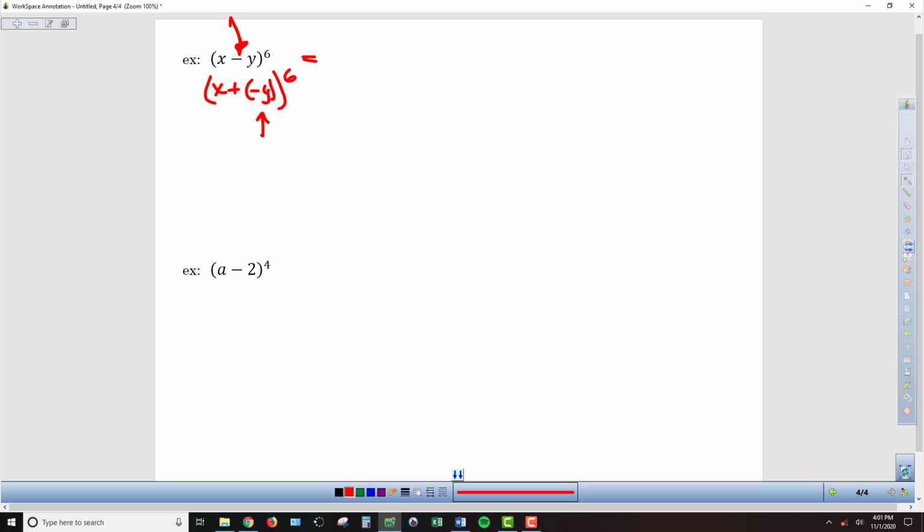So we start off with, again, a blank, and then x to the sixth, and the y is missing. So the next term is going to be minus, and then I'm going to leave a blank for the coefficient. It's going to be x to the fifth, y to the first. Then it's going to be plus, again, alternating positive and negative signs. So I'm going to leave a blank for the coefficient, x to the fourth, y squared.